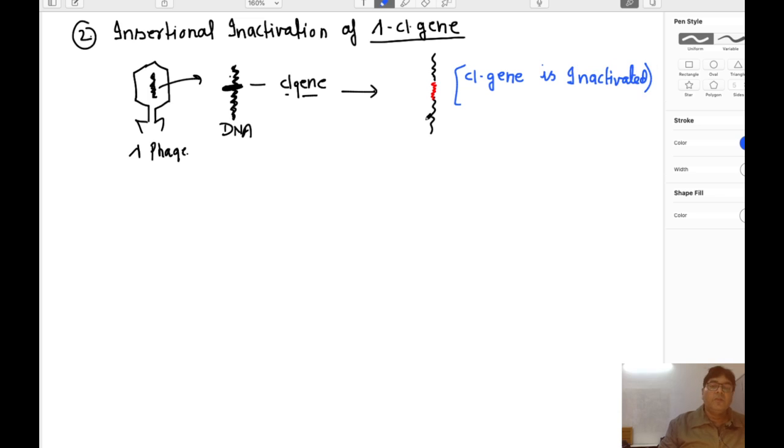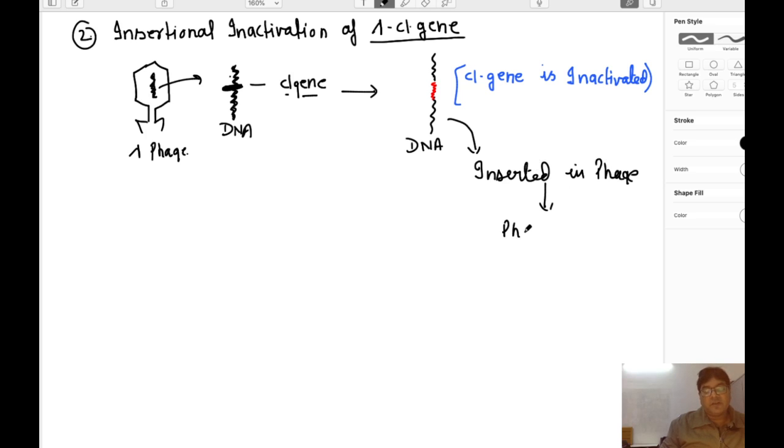All right. So, if this gene is inactivated, then the same process is repeated again. That means this DNA, which is now modified, is inserted in the phage, and the phage is allowed to infect the bacteria.